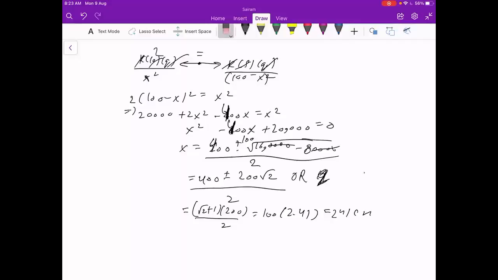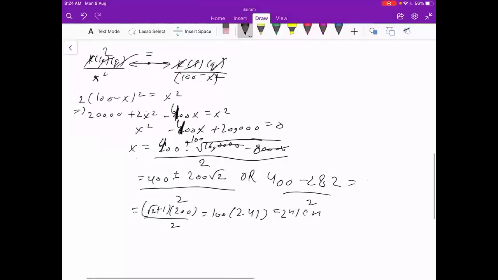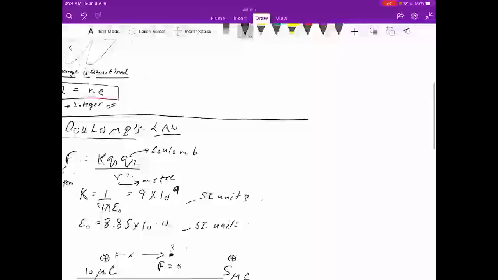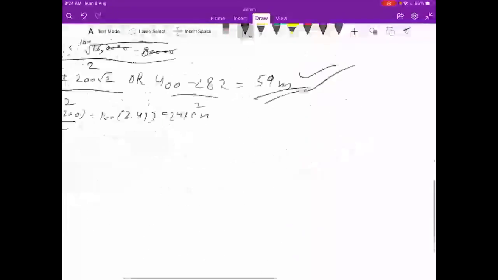Yeah, this is no brainer. I'm just taking a lot of time for some reason. 400 plus minus twice of 1.41 is 2.82. So that's minus 282 by 2. That is 118 by 2, which is 59 centimeters.